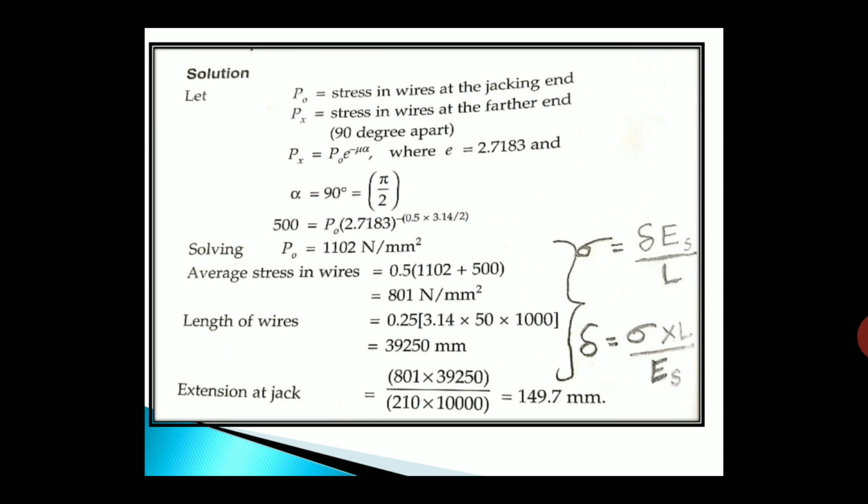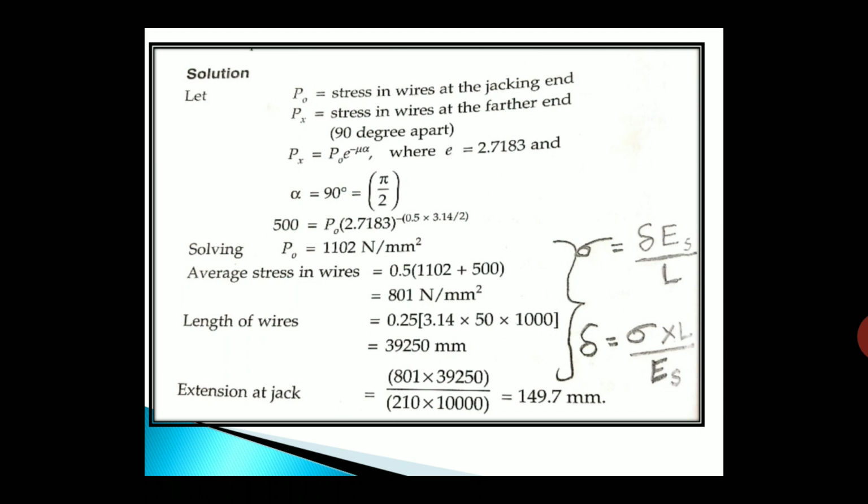So this is the most important thing from the given data which we have to take in this example. 500 is equal to P naught into e, whose value is 2.7183, which is a standard, raised to minus 0.5 into pi by 2. Here pi value they have taken as 3.14. So solving, we get P naught is equal to 1102 Newton per mm square.